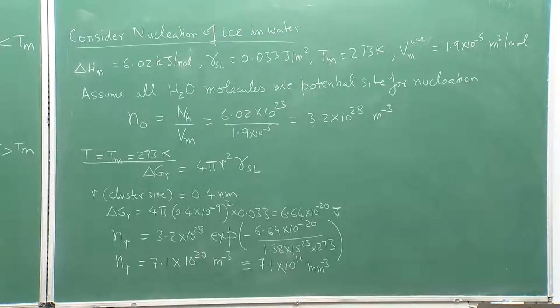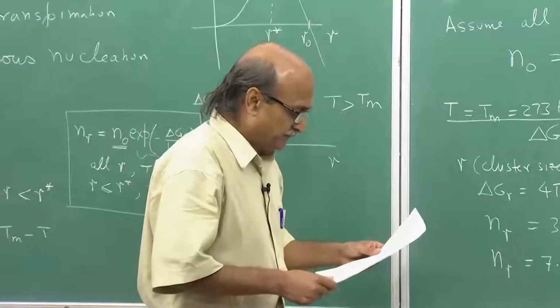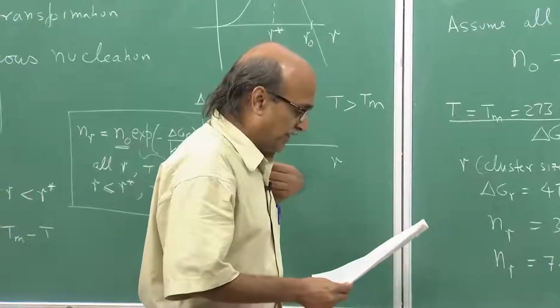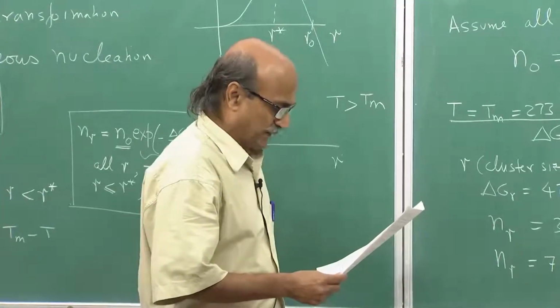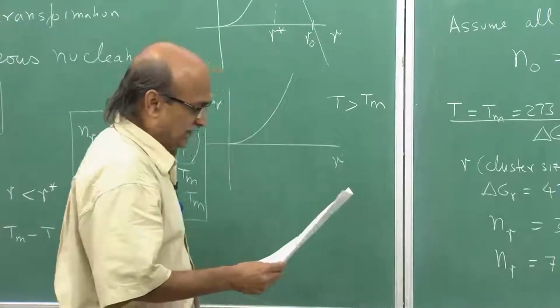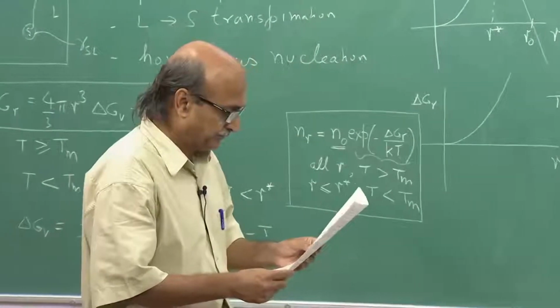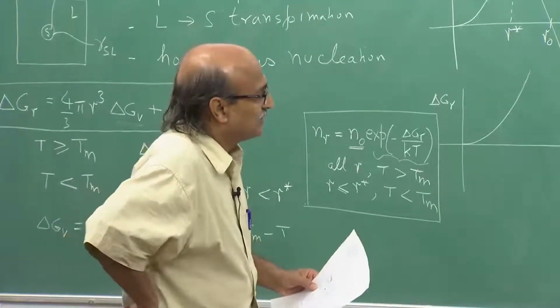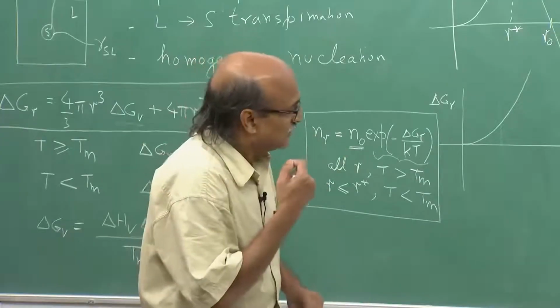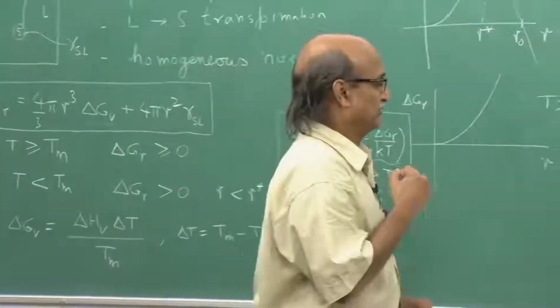Now let us examine what would happen if I try to find out how many nuclei I can expect if I change the size to 0.6 nanometers.